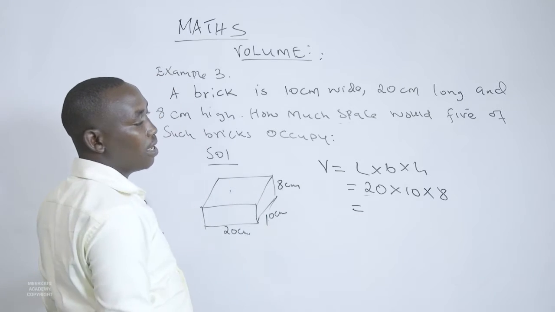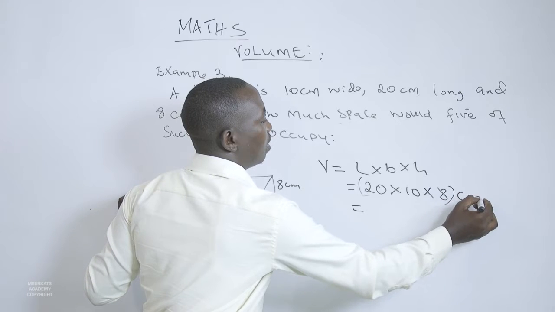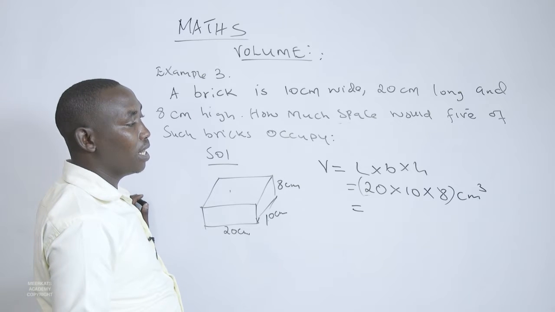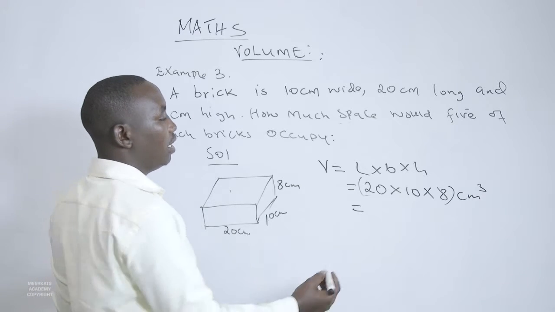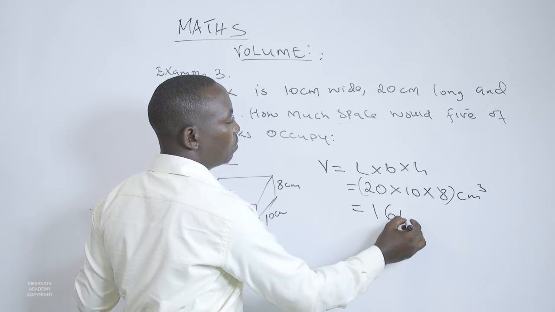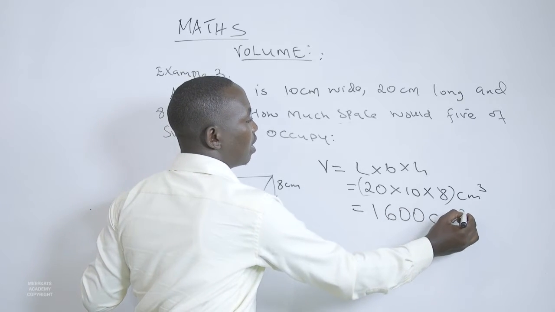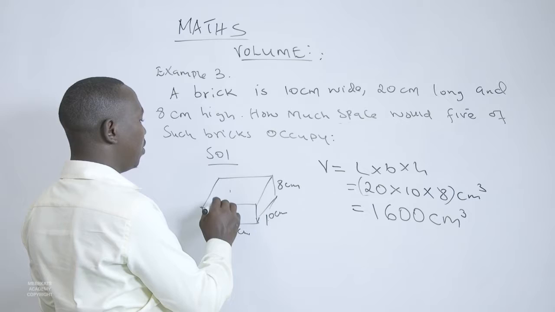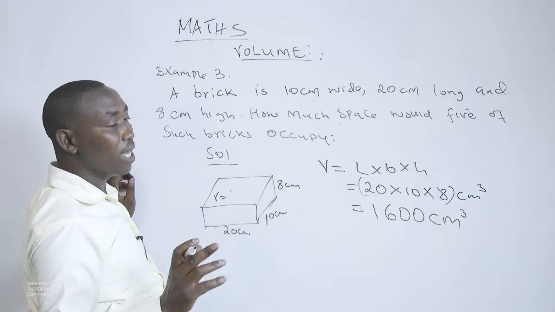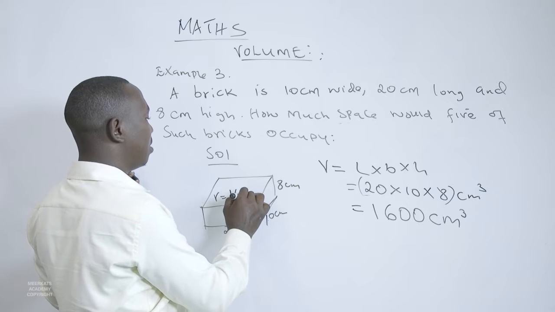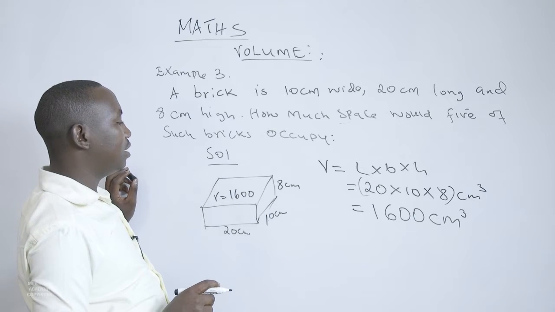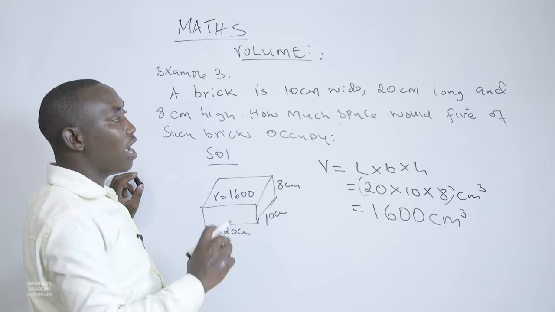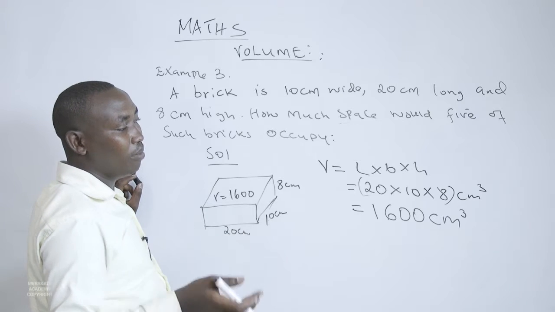So when you multiply, and this will be in cubic centimeters, 20 by 10 is 200. 200 multiplied by 8 is 1,600 cubic centimeters. Now this is the volume contained, or the space occupied, by a single brick, that is 1,600 cubic centimeters.